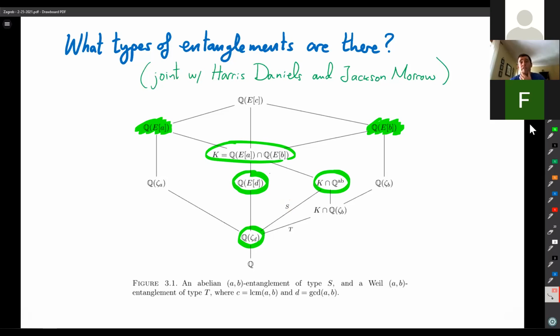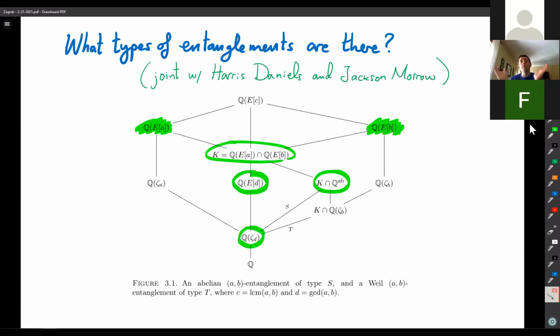And then what we call a Weil entanglement is when that entanglement is actually coming strictly from the presence of roots of unity in both sides. So what I mean here is that if you have, for example, in the A division field, some B roots of unity or some piece of the B cyclotomic roots of unity, then automatically by the Weil pairing, they're going to be intersecting with the B division field, right?